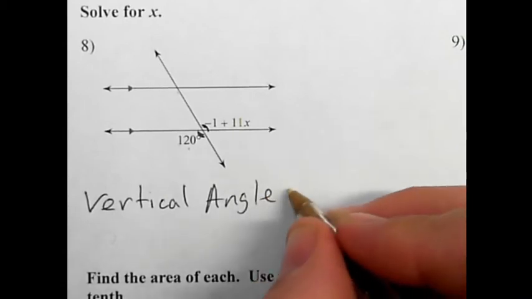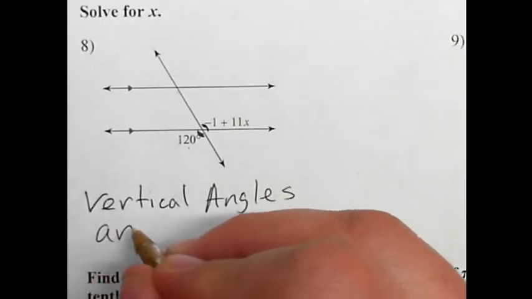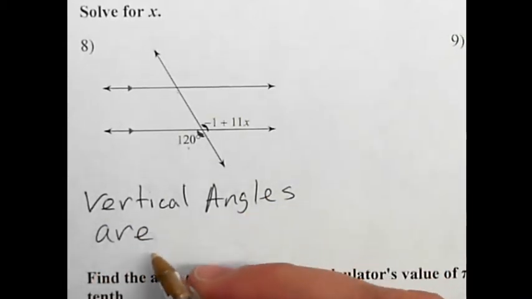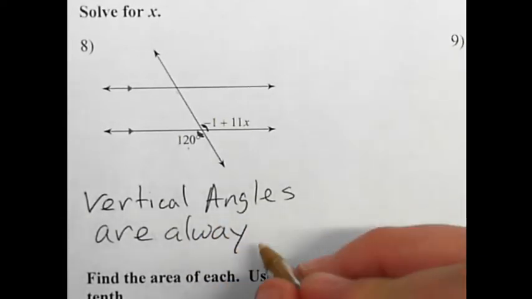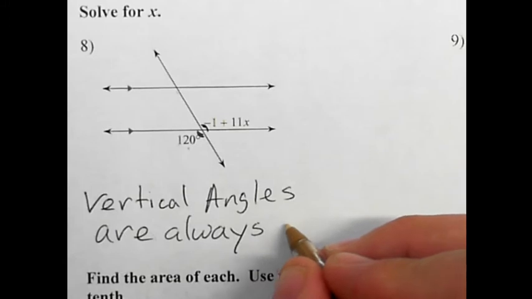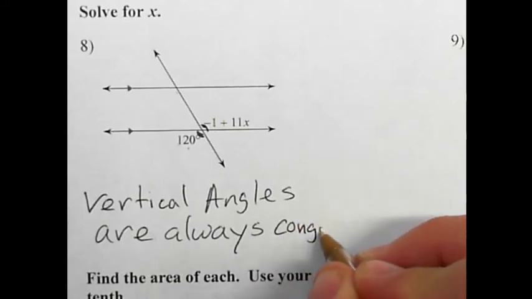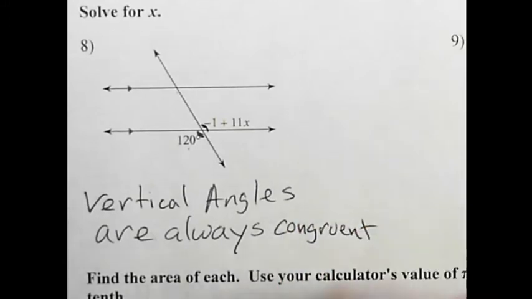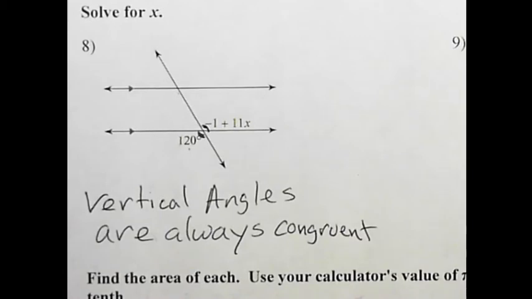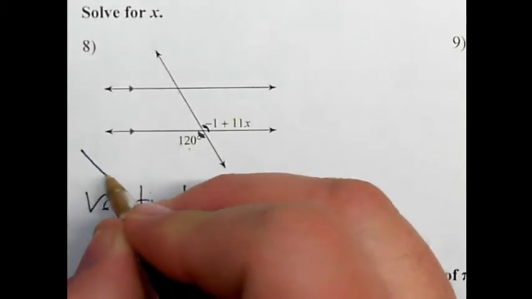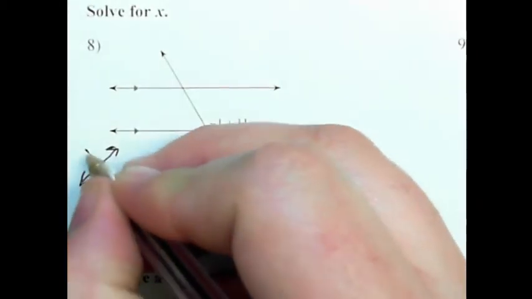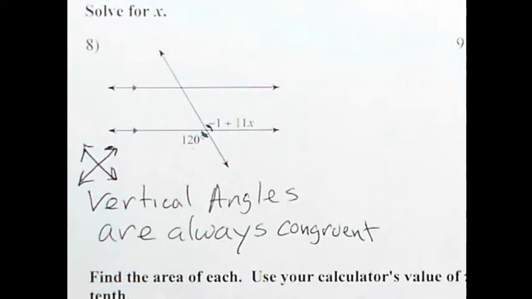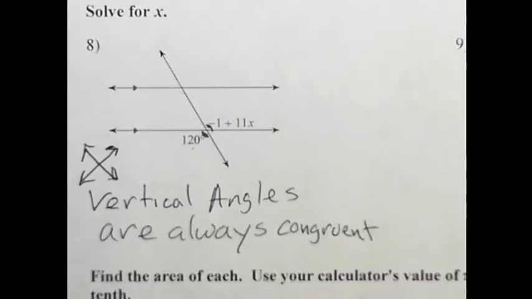Now, in case you're not familiar with what vertical angles are, it's whenever two lines cross. So what are vertical angles? If I have a line that crosses a line, it forms two sets of angles.